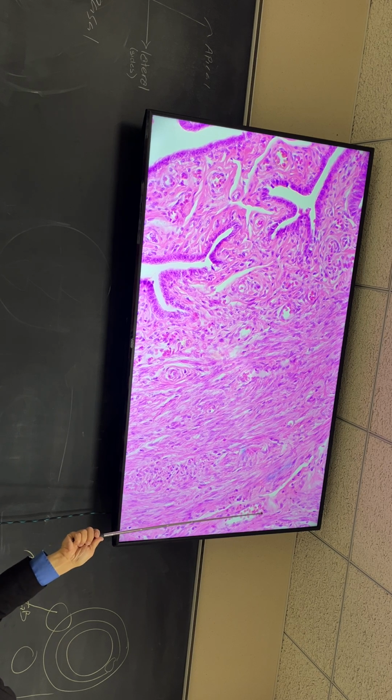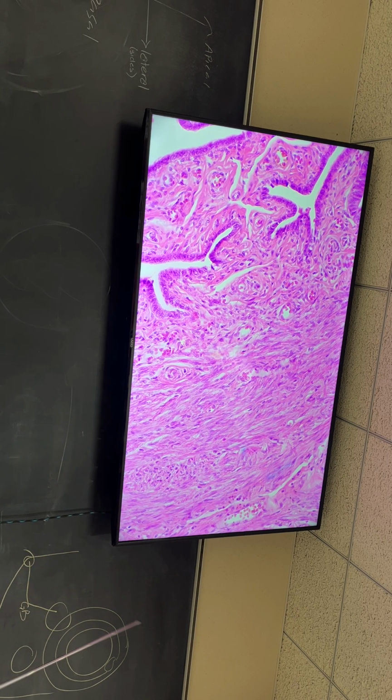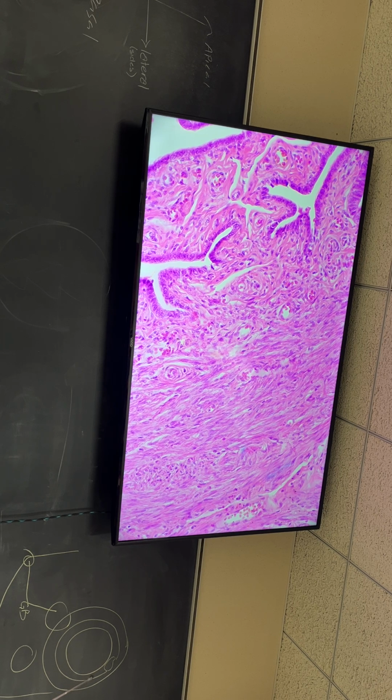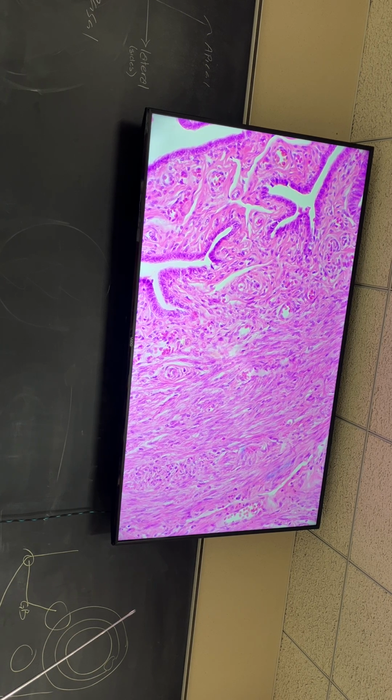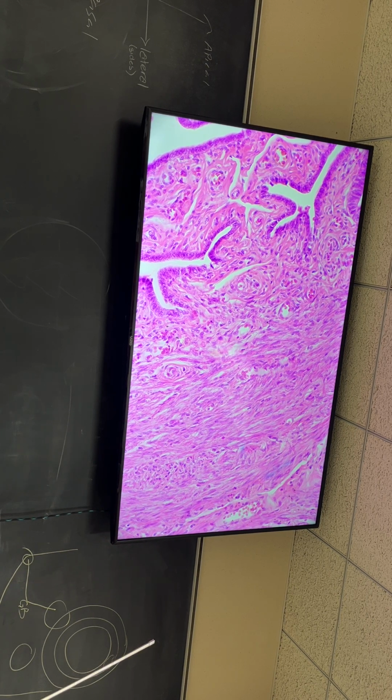But then you get into here, where you're outside of the tube, right? This is the rest of the body that it's connected to. And so that is more connective tissue than muscle. And you can tell that by looking at the nuclei, by the way. Difference in nuclei.